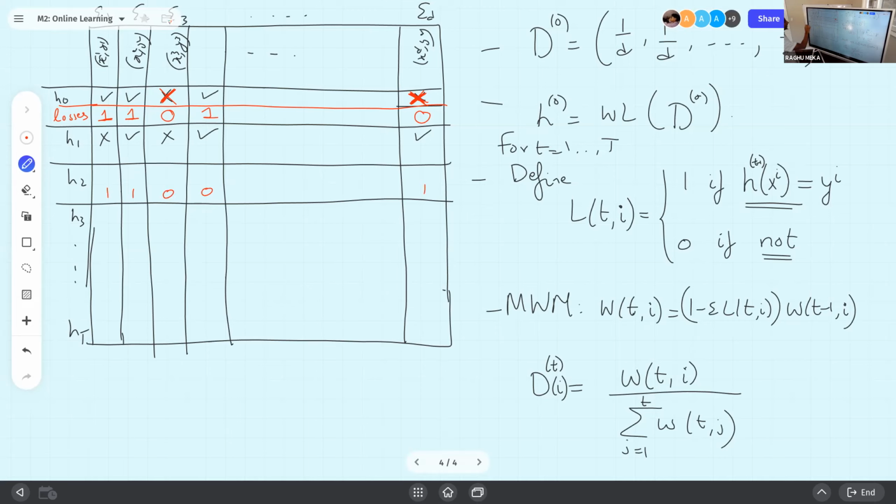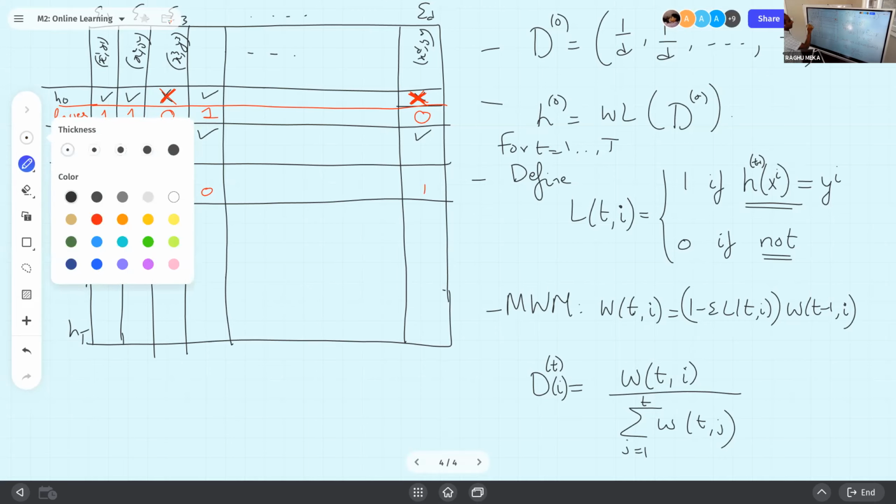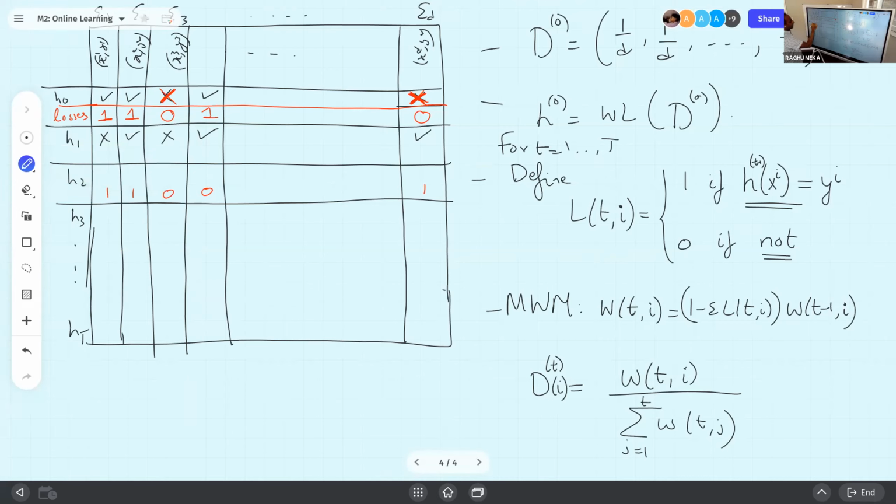Maybe here I'm right, right, right, wrong, wrong, and things like that. I keep revising which examples I'm right and wrong on, but at the end of the day, I have to combine my hypotheses, H1, H2, into a single predictor. How can I do that?